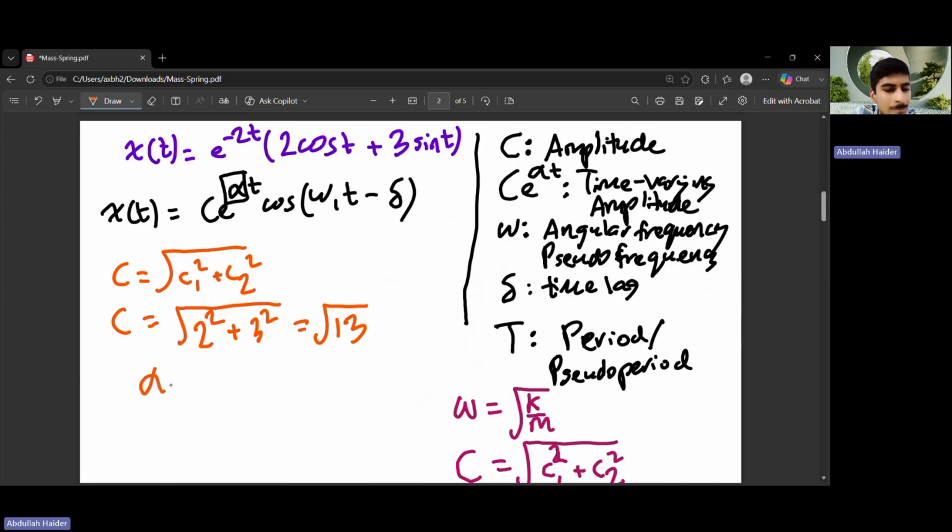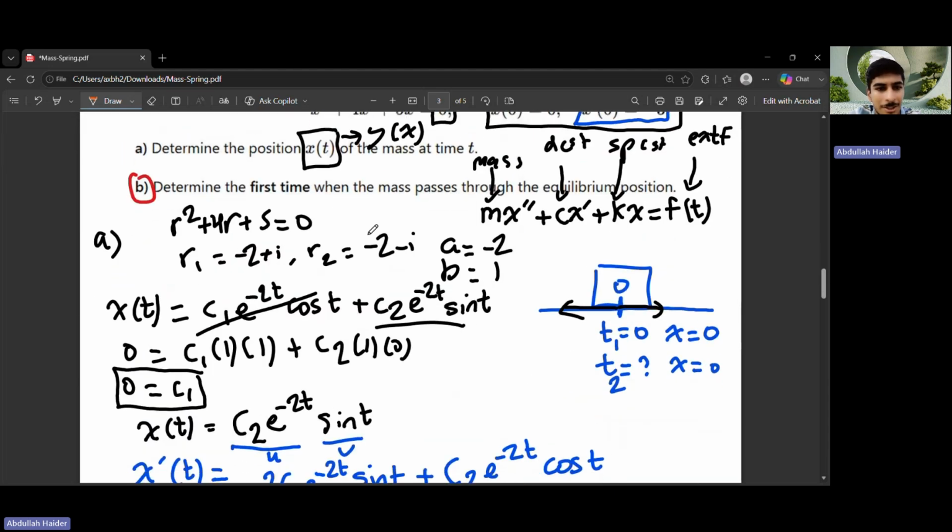Now, your alpha is the same as the A in the complex root of the auxiliary equation. And then your omega 1 or omega is the same as B of the auxiliary equation. So if we go back to what we did here, our A was equal to -2 and our B was equal to 1.